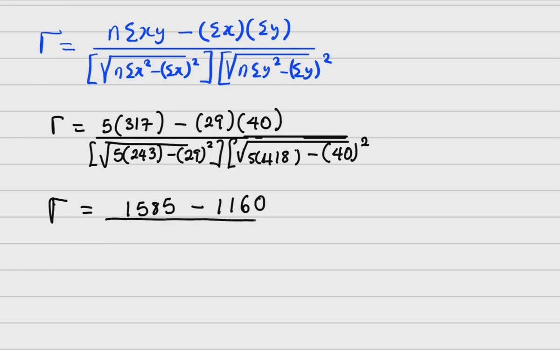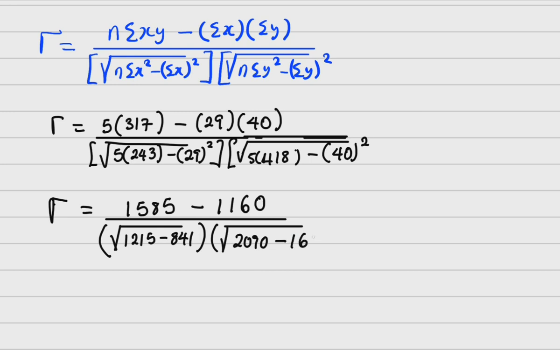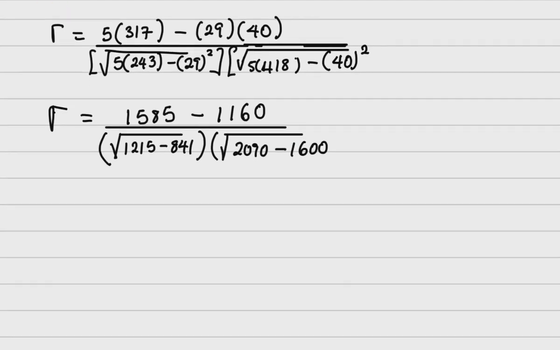That is the numerator now. All over, we have square root of 1215 minus 841. Then this is going to be multiplied by the square root of 2090 minus 1600.